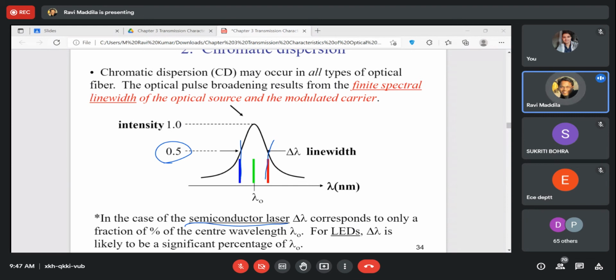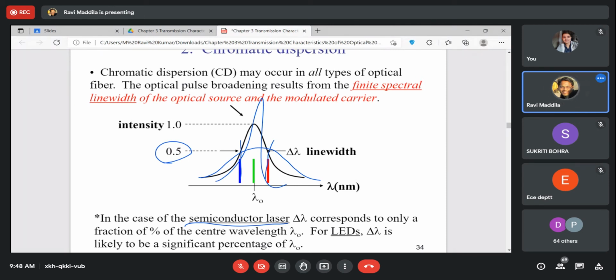And you all, I believe, must have seen LED torches, right? Even at the back of your mobile phones, you have LED torches, right? Yes, sir. So LEDs are another type of source, and if we consider these two sources, an LED spectrum is something like this, and a laser spectrum is something like this.